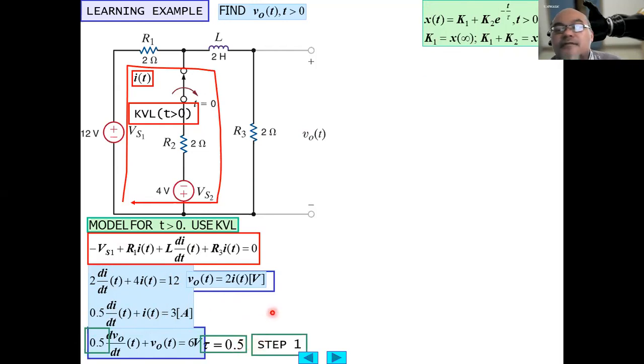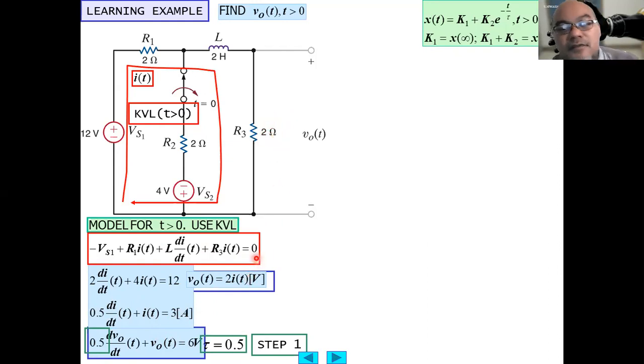Okay, that is step 1. Step 2, to find K1, the steady state value, we do the steady state analysis. From here, we change the form to V output.